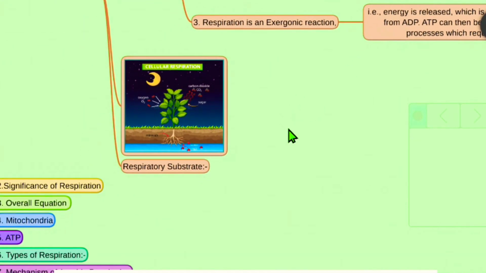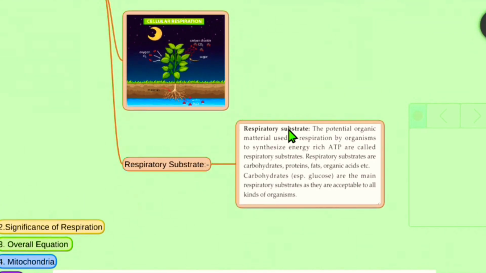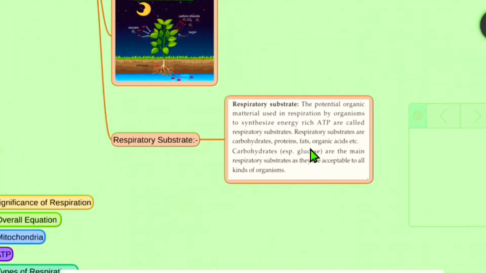And the next one is a term, that is respiratory substrate. Respiratory substrate means the potential organic material which is used in respiration by organisms to synthesize energy-rich ATP.